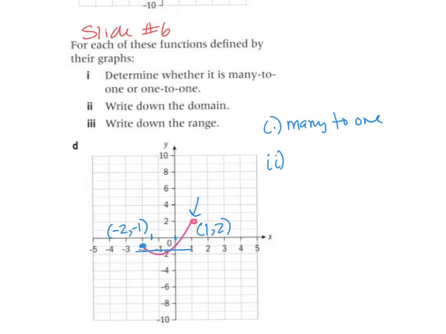So that means when you go to list the domain from smallest to largest, you will include the x value of the left endpoint, but you will not include the x value of the right endpoint. So the domain then will be the set of all x such that -2 is less than or equal to x, because we're including that x value, but at the same time it is strictly less than 1. Okay, 1 is not included in the domain.